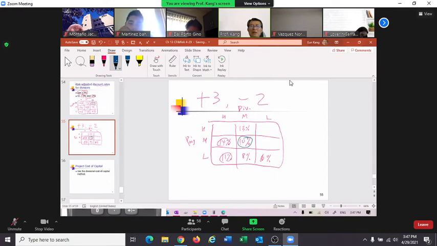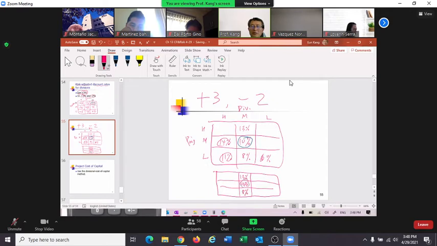Okay. So the way to solve this problem is to start from the middle, 10%, right? Then you have 13% and 8%.